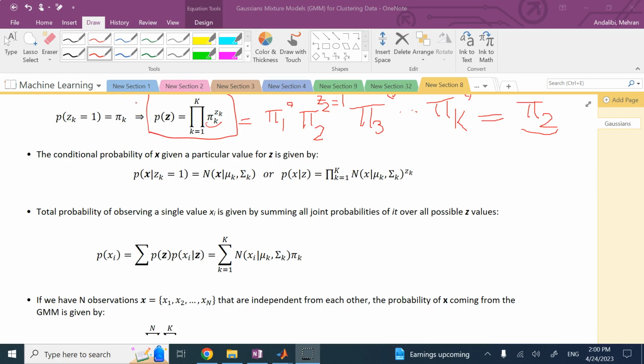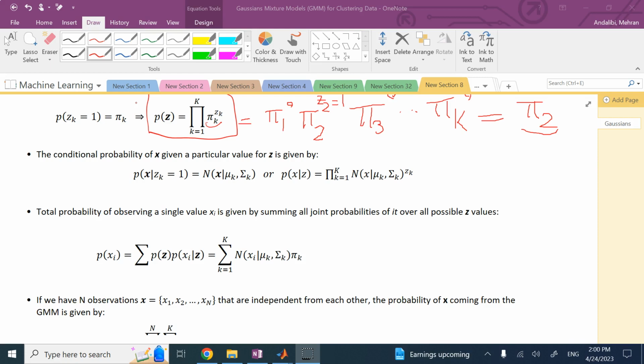So now I have written down for you the conditional probability of observation x given a particular value for z for the class.